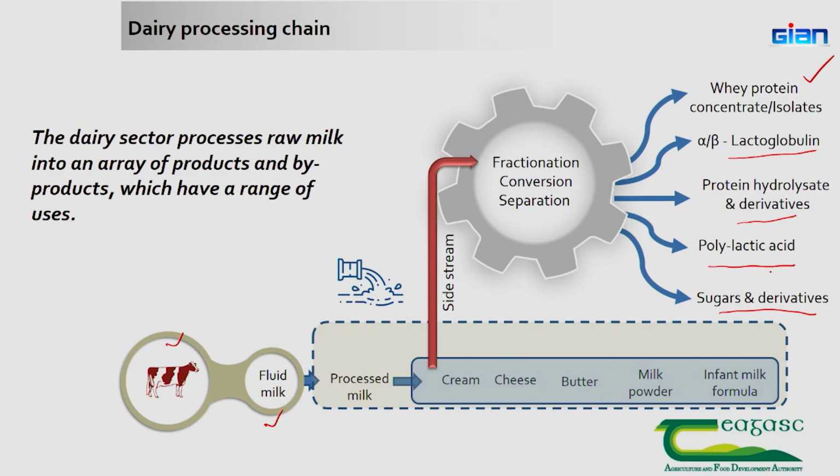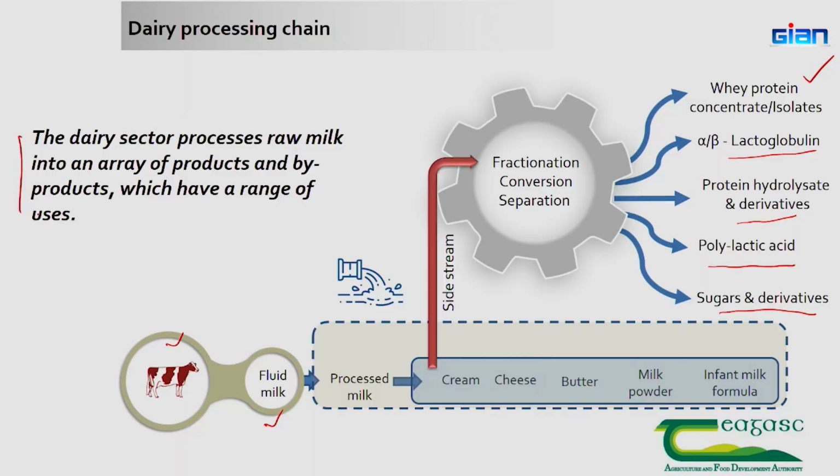And you have heard about PLA films, packaging film, coming from where? Lactic acid, right? So there is no waste generated from the dairy industry as far as Ireland is concerned, right? And you make an array of different types of products for consumption. But what is the specific side stream which is not looked after?